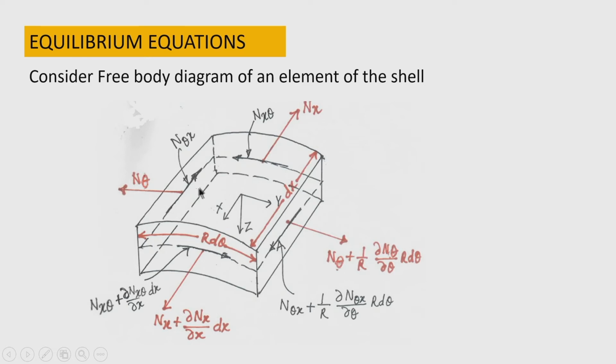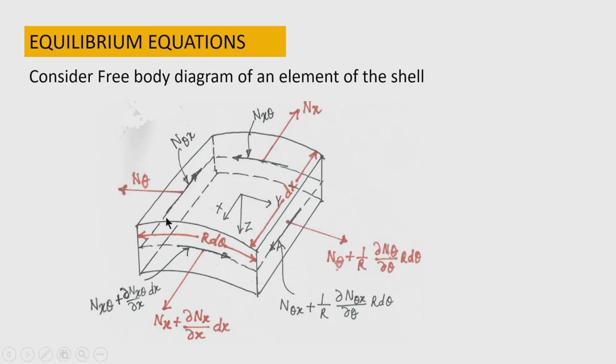Now, let me see the shearing forces on one edge, that is the edge which is parallel to the circumferential direction. There the membrane force is N x theta, and on the opposite edge the increment will take place in a length of dx. So, N x theta plus del N x theta by del x into dx is the membrane force at the opposite edge.